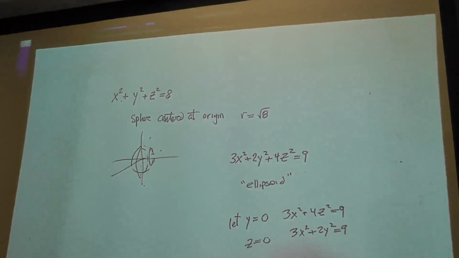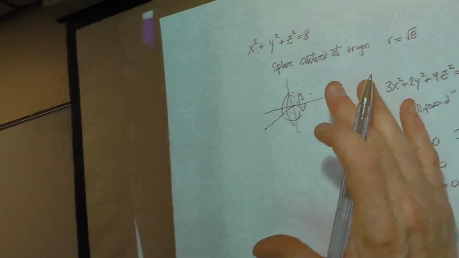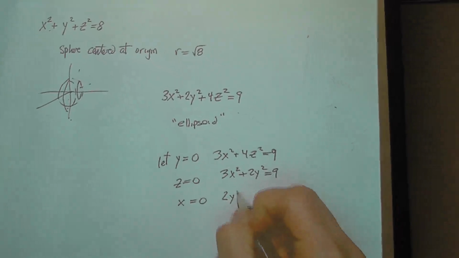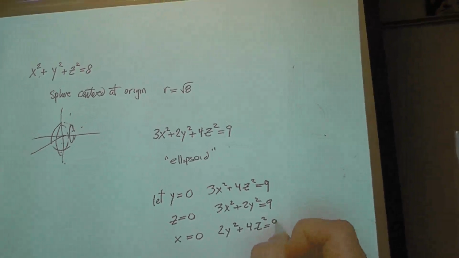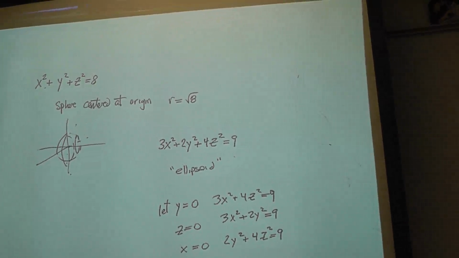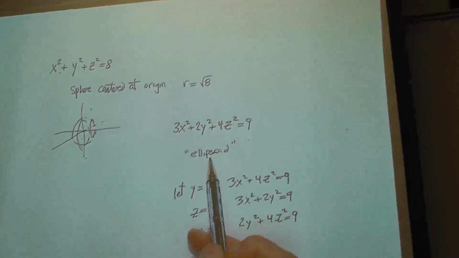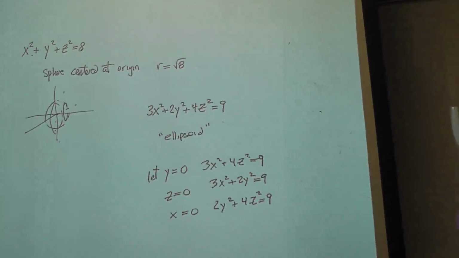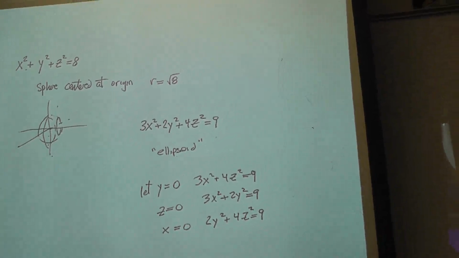And if you let x equals 0, so this is how I take these slices, if x is 0, I have this. And those are all equations of ellipses. And that's my fundamental shape, an ellipsoid, in 3 dimensions. Okay?